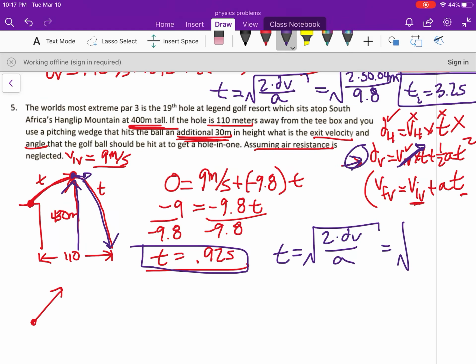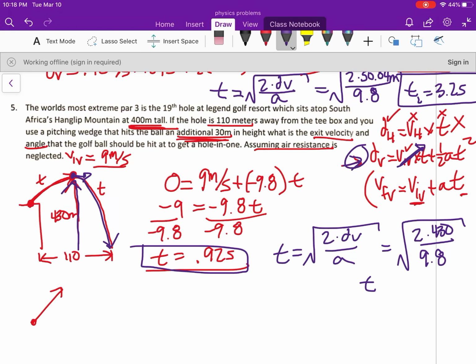So when I do that, I can plug this in. Square root of 2 times my vertical distance is 430 meters, divided by my acceleration is 9.8. So I get 2 times 430 gives me 860 divided by 9.8. Take the square root of that.